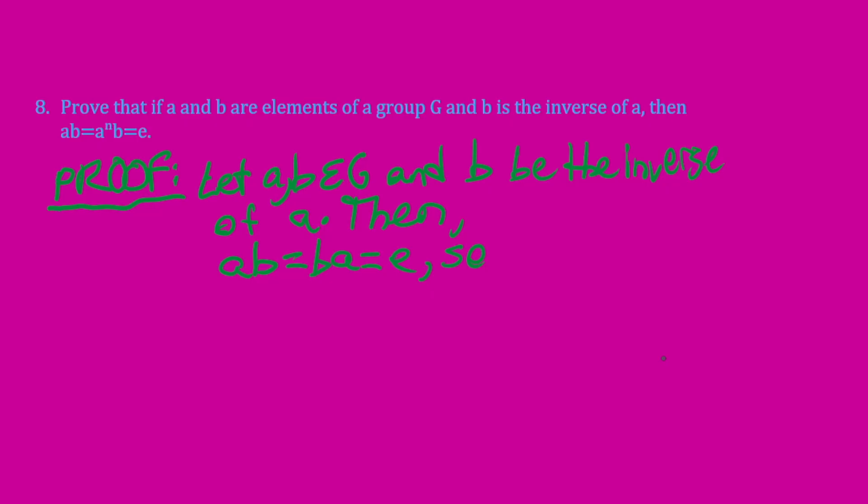So AB is equal to the identity element E. So now let's let A^n be an element of G, where n is an integer. So then the inverse of A^n would just be A to the negative n.